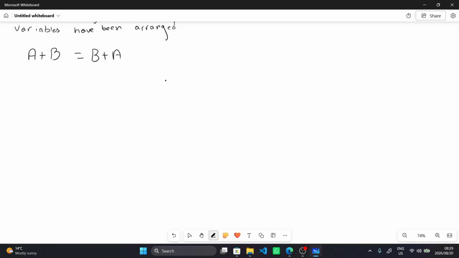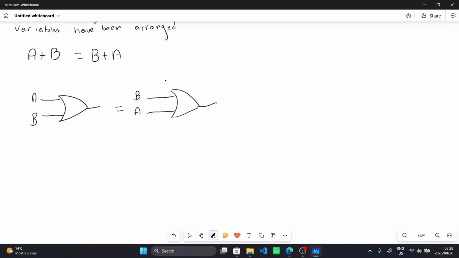And if you put this into a logic diagram, addition means it's an OR gate. So we say A plus B is the same as having B plus A.